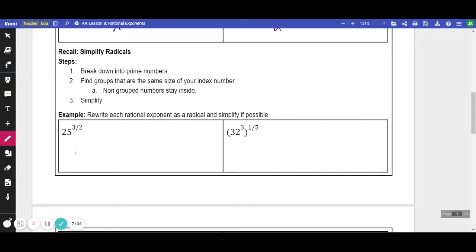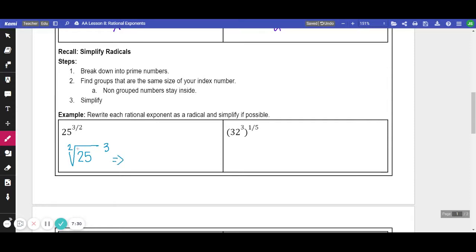So for this first one, we are going to do 25 goes inside, power over root. So 3 is the power, 2 is the root. Sometimes they come out to be whole numbers and you can just do them on your own. This one, we could do 25 to the third, but without my calculator, I don't know what that is.